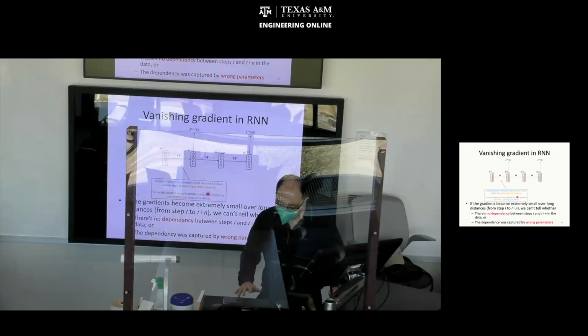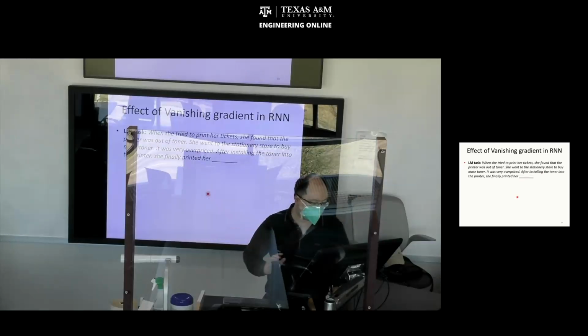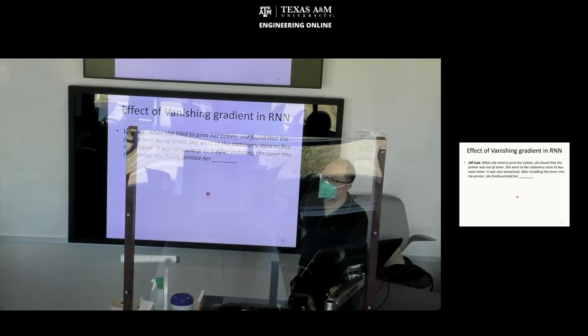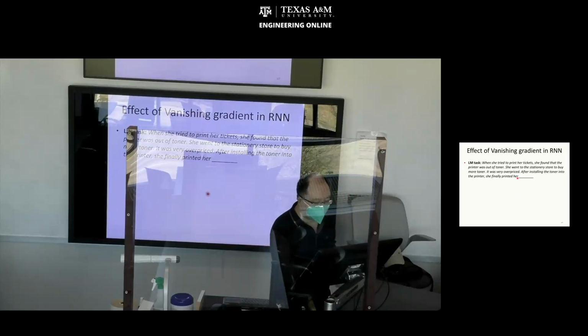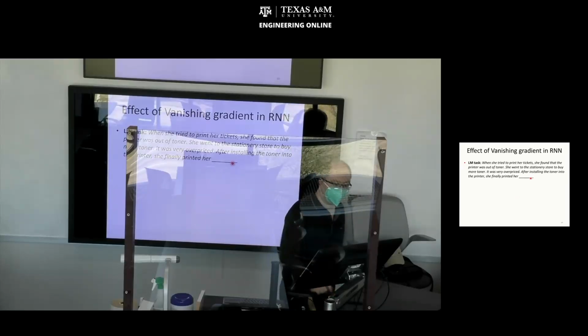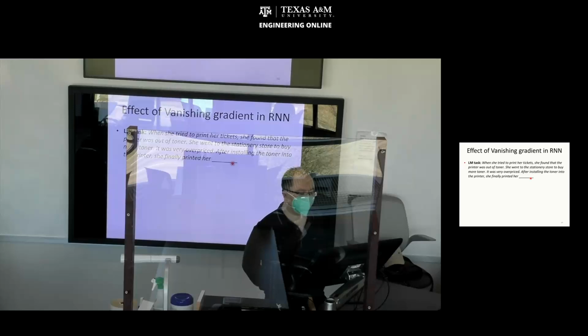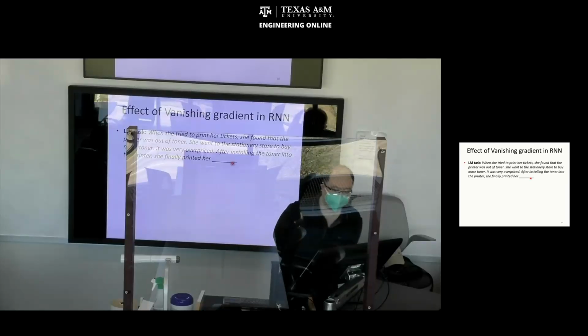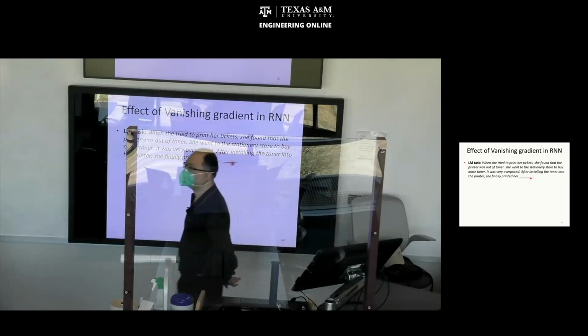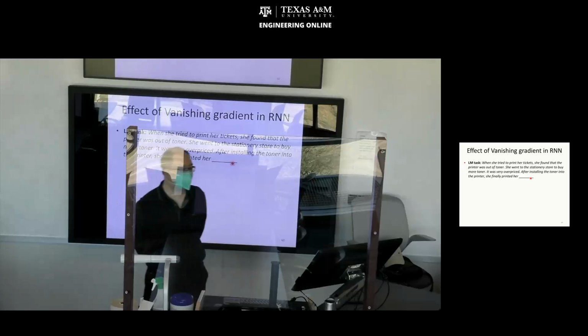So let's give one example about these long-term effects. Let's read this text for like 30 seconds and fill in the blank. So what did she print?